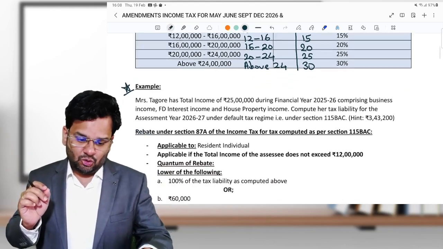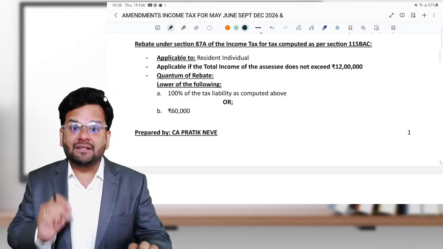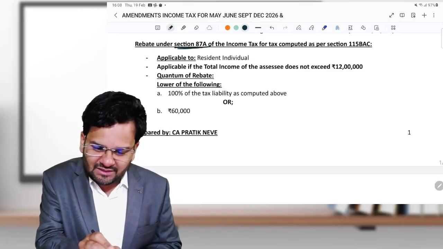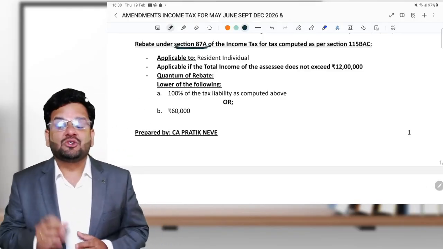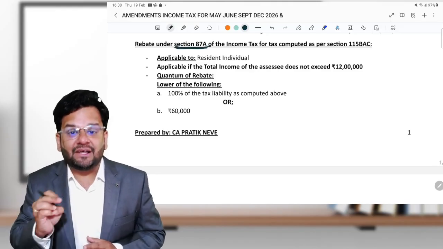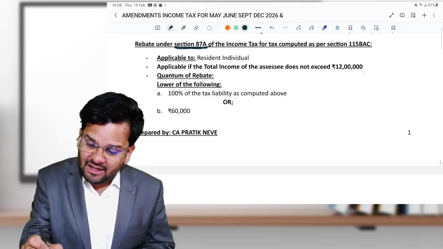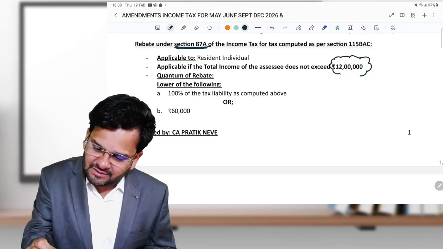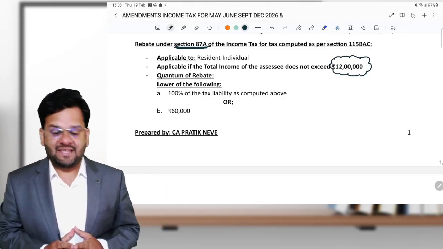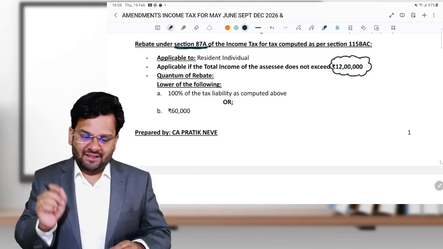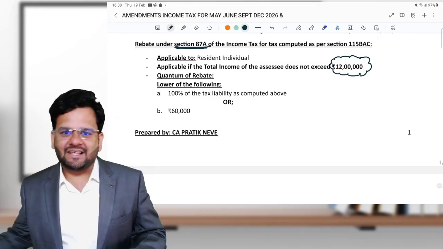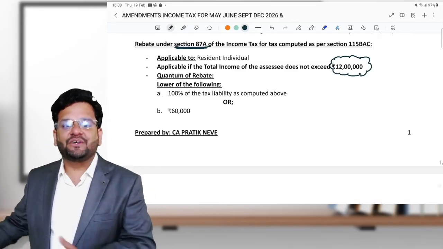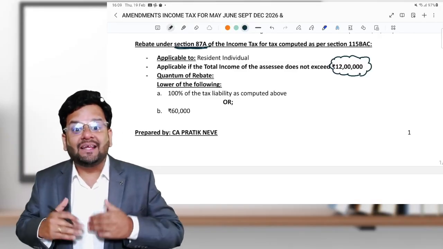Okay, so go ahead. Rebate under 87A, when will this rebate be applicable? The rebate will be applicable if the total income is not exceeding 12 lakh rupees. Earlier this limit was something else, but I will not take the old figures because anyways you have to unlearn them.